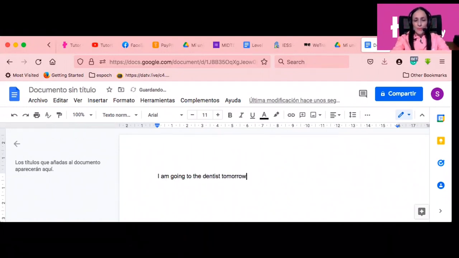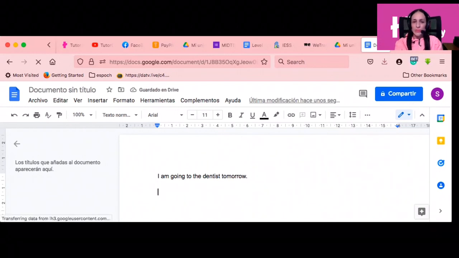So we can all participate on the Google Docs. Of course, I have to share it. And that way I give them feedback as they write, and we can all give each other feedback and have a lot of fun while we're there.